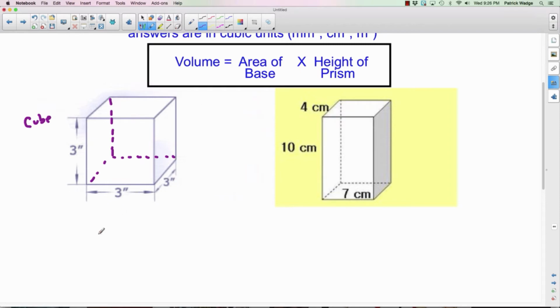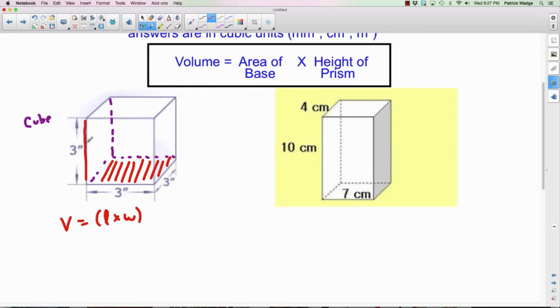To get the volume, you have to find the area of the base. You could actually consider any of the faces a base. I'll consider this the base. So how do we get the area of that? You multiply length times width, or since that's actually a square, you could also think of it as side squared. I'll do length and width though. So the volume is equal to the area of the base, which is length times width, and then you multiply by the height of the prism.